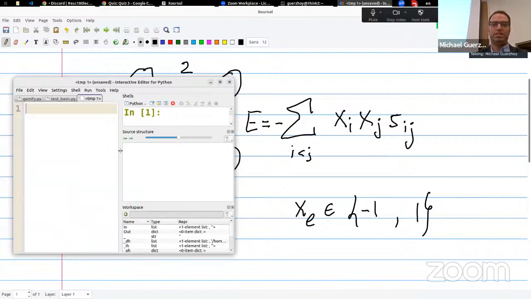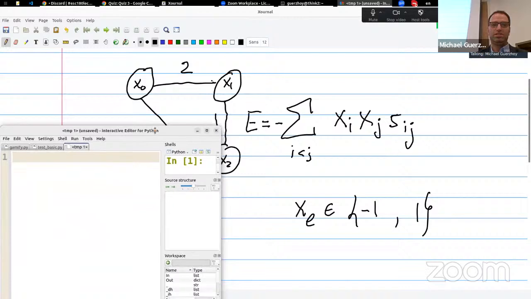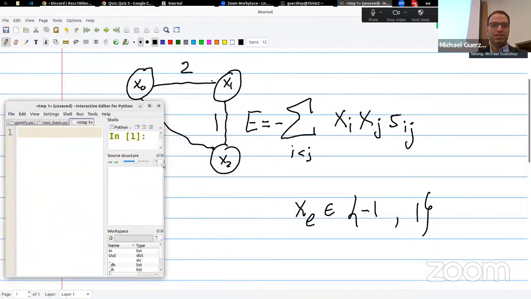I don't know if I can fit all of those things on the screen at the same time. I'm going to try. Sorry, this is a little bit annoying. Okay, here we are. If I make the type this big, can you see it in the back? Yeah. Okay.